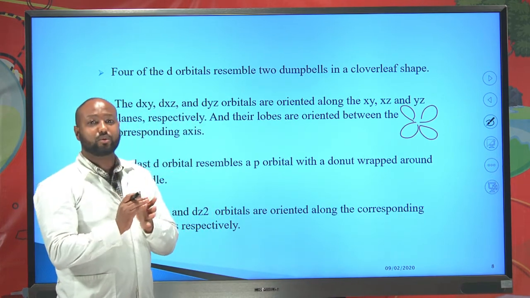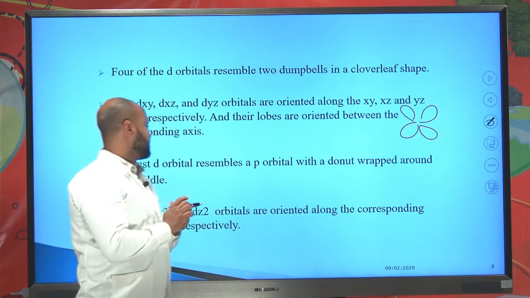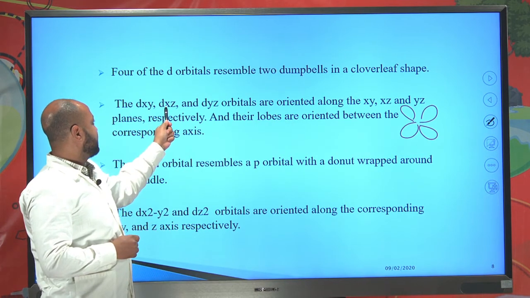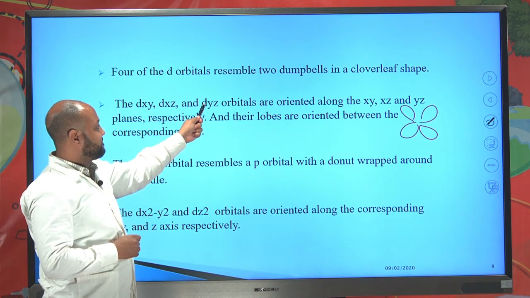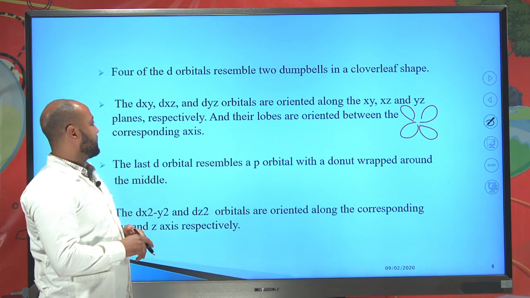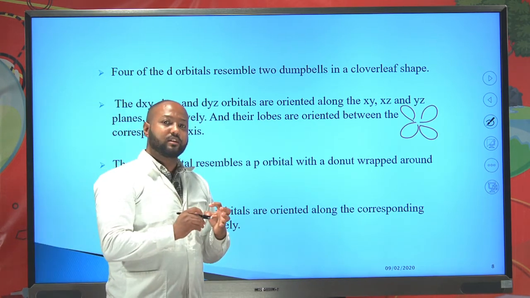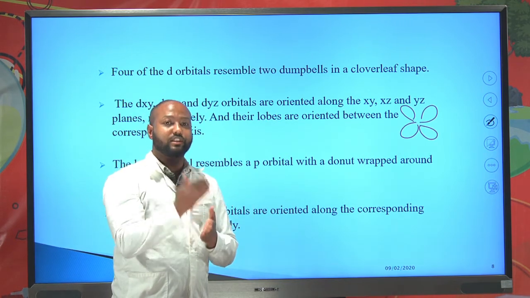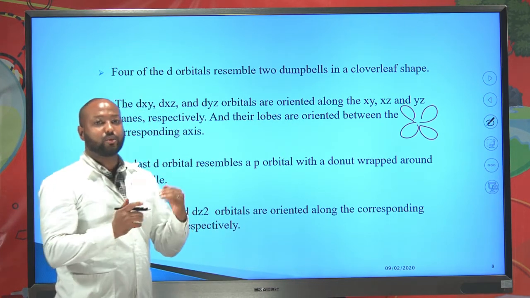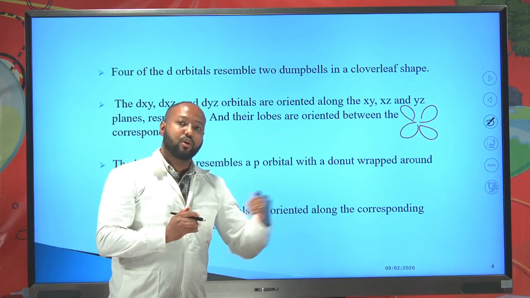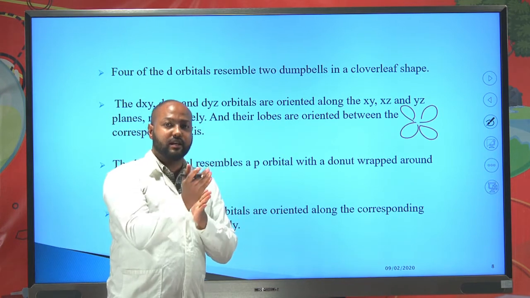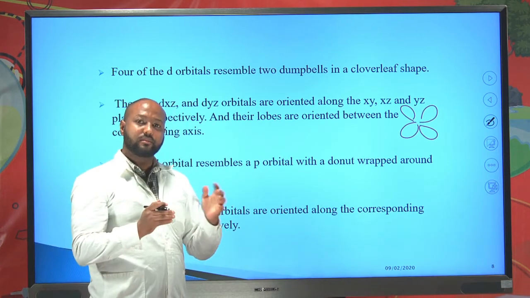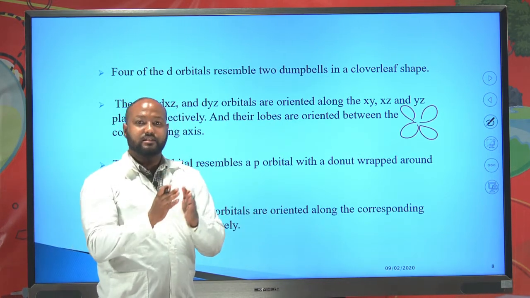Of these 5 D orbitals, 3 orbitals, dxy, dxz, and dyz, are oriented between the axes on the plane, not on the axes. dxy is oriented between the x-axis and y-axis. dxz is oriented between the x-axis and z-axis plane.